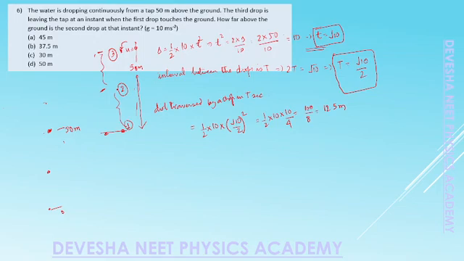So we need to find this distance, which is 50 minus 12.5, equal to 37.5 meters. So the second drop is 37.5 meters above the ground.